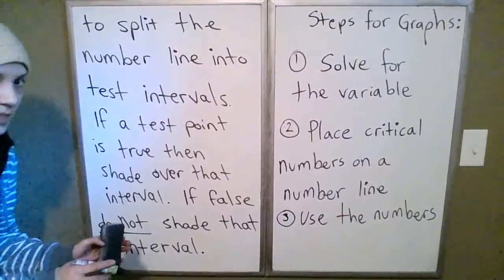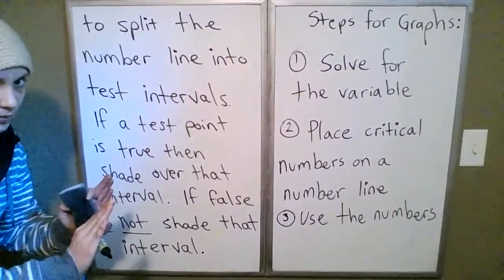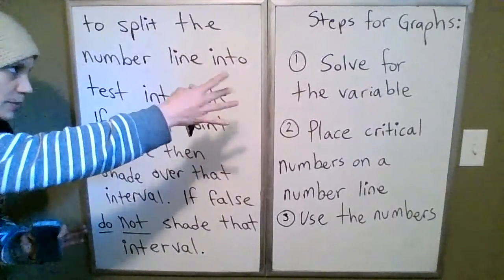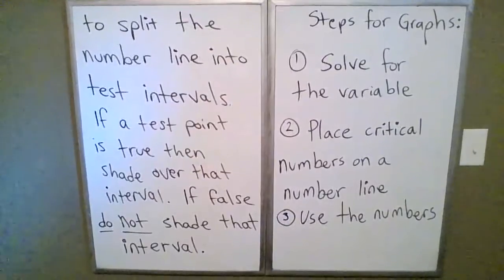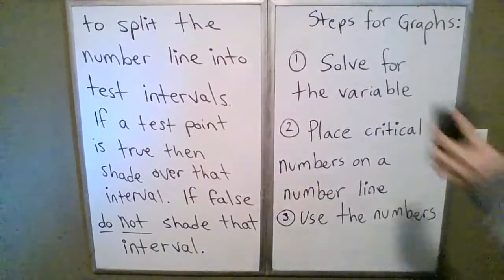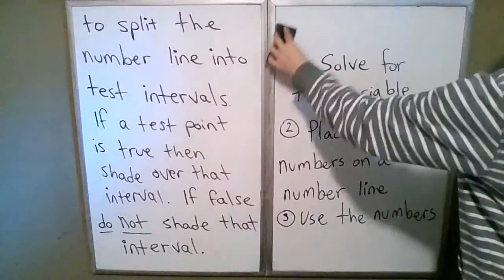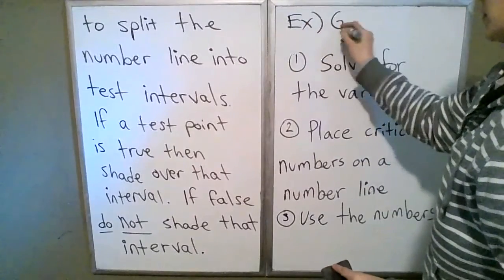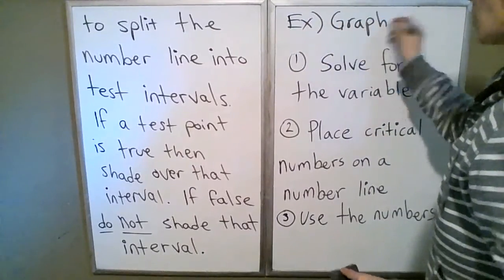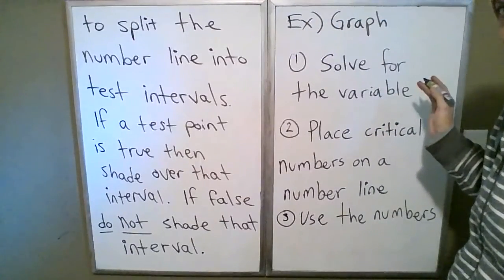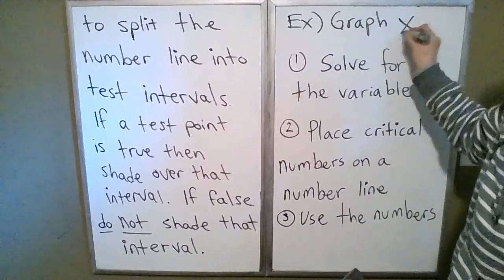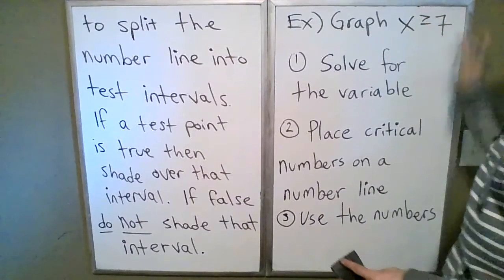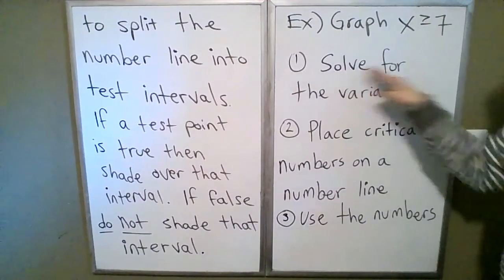So in the first example, the variable is already solved for, so we don't even need to worry about the first part. We're graphing x greater than or equal to 7. Solve for the variable.